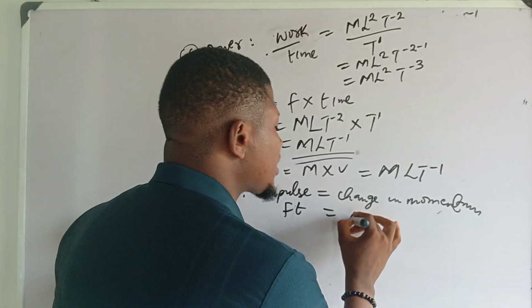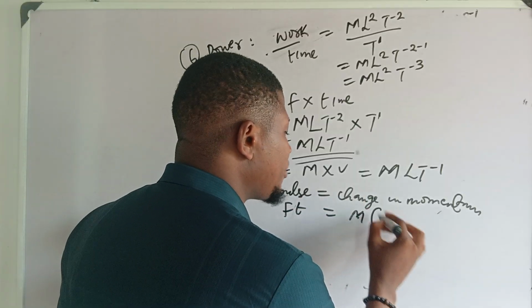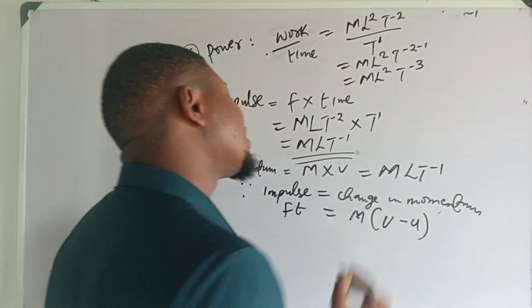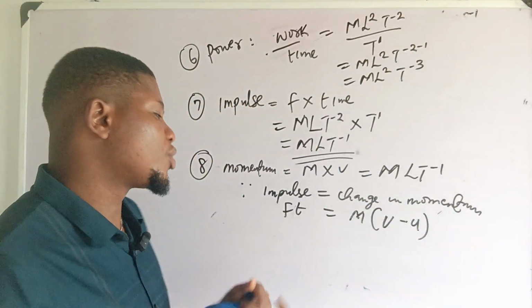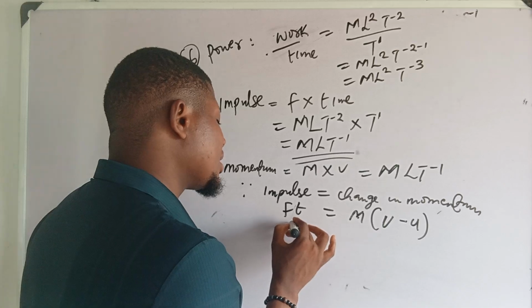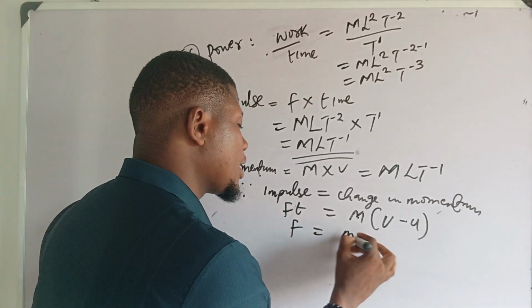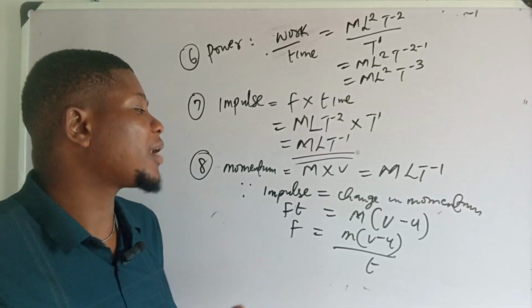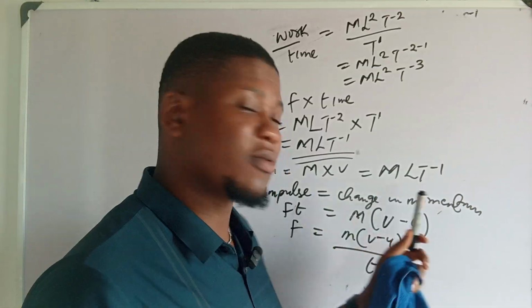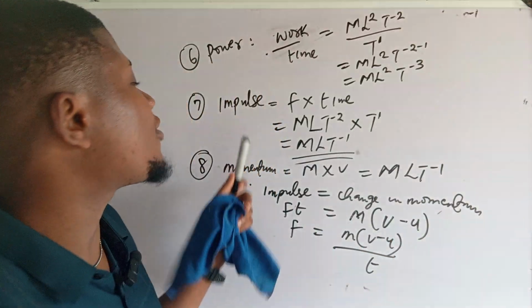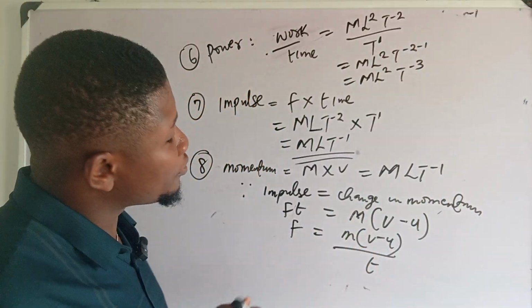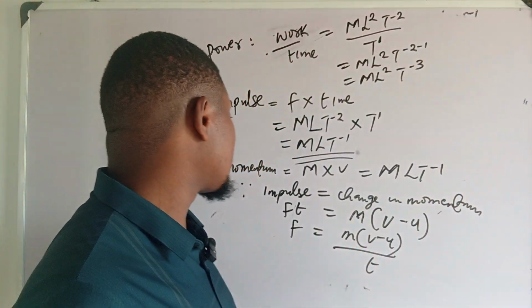Change in momentum is final velocity minus initial velocity times mass. Therefore, if you make F the subject, you now see that F is equal to m bracket v minus u over t. So this is a popular formula all of us know as the second law of motion. Don't worry, when we look at linear momentum, we'll talk about all those things.